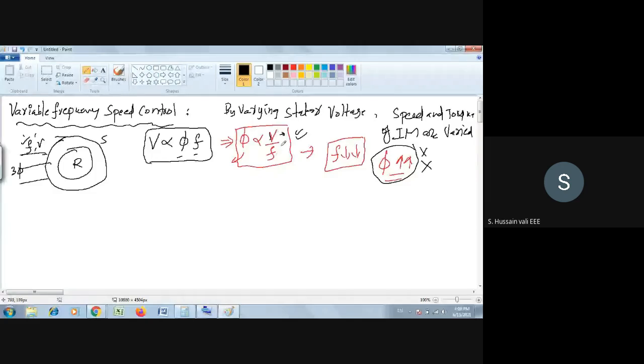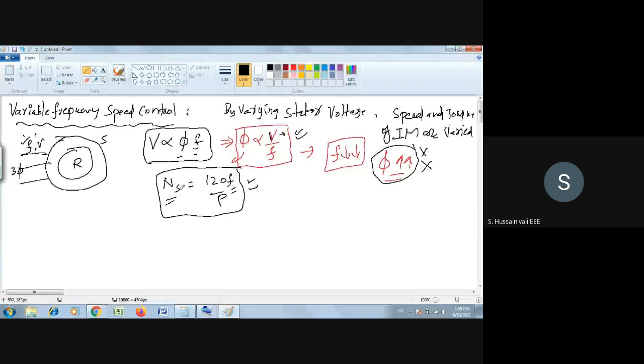I'll show you one more equation which relates speed and frequency. I hope you know the synchronous speed Ns is equal to 120 f by p. So there is a relationship between frequency and speed. If you vary the frequency, your Ns also varies. What is this Ns?